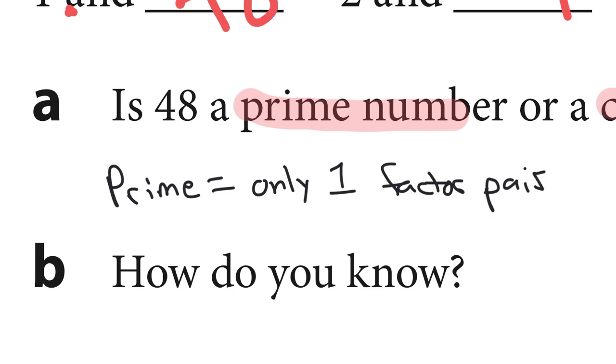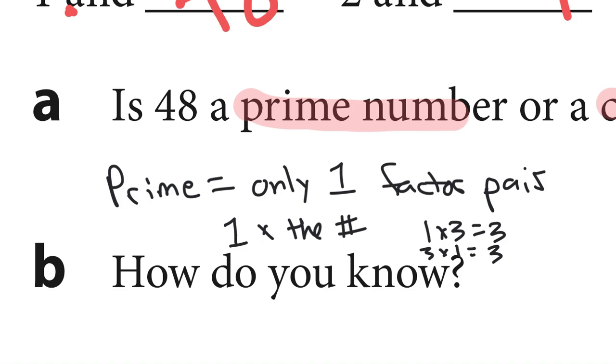So a prime number would be like 1 times the number. That's the only way you can do it. So it would be like 1 times 3 is the only way you can make 3. Technically, you could say 3 times 1, but aren't those the same numbers? Yeah. So if you're ever in a situation where you can only make the number by taking it times 1, we know that's a prime number.